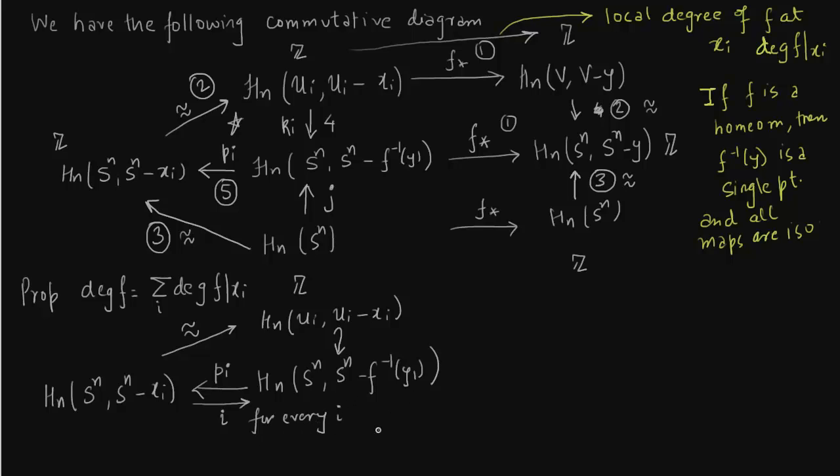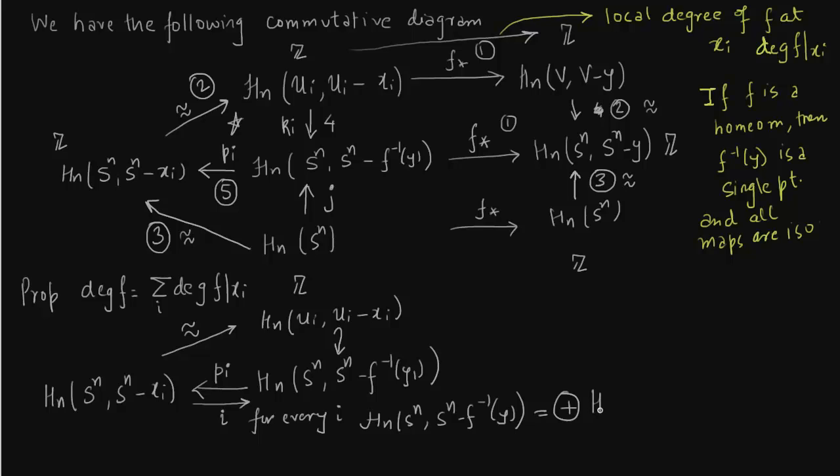So this to and fro, going pi and i, essentially means that Hn can be expressed as a direct sum. Just write this for the case x1 and x2 and it will be clear.